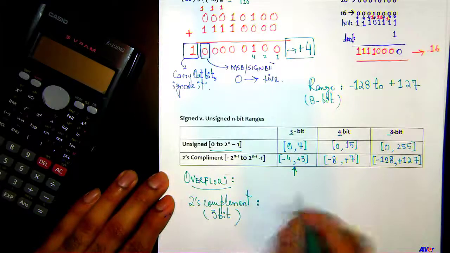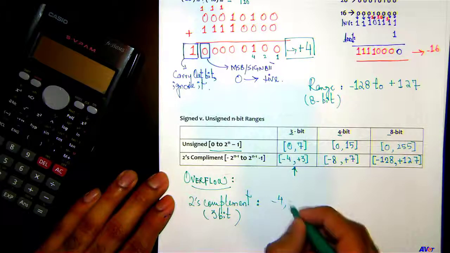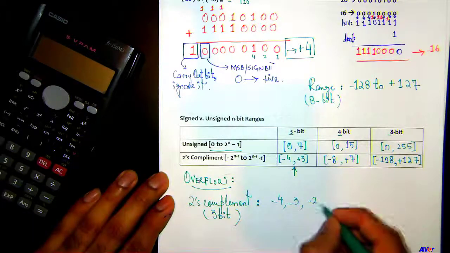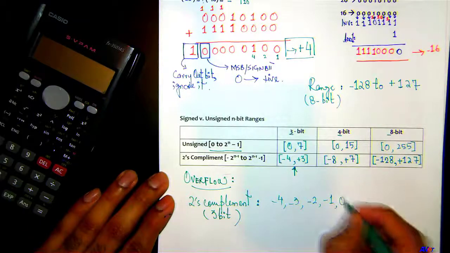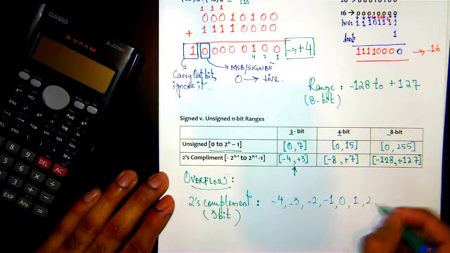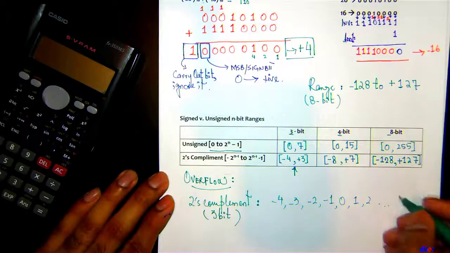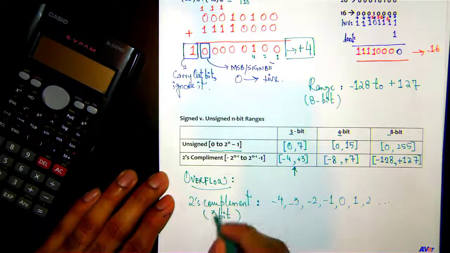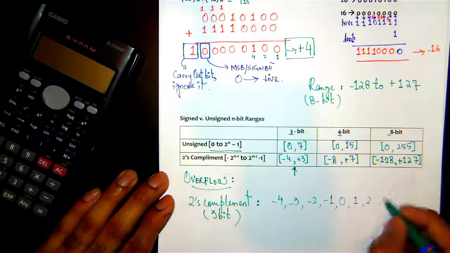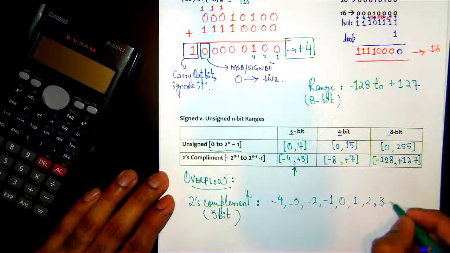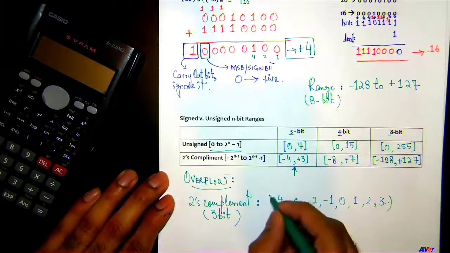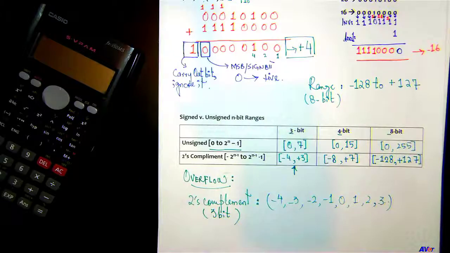So if we look at the range, it goes from -4, -3, -2, -1, 0, 1, 2, and then goes to 3, right? Now, here we have negative numbers and we have positive numbers.